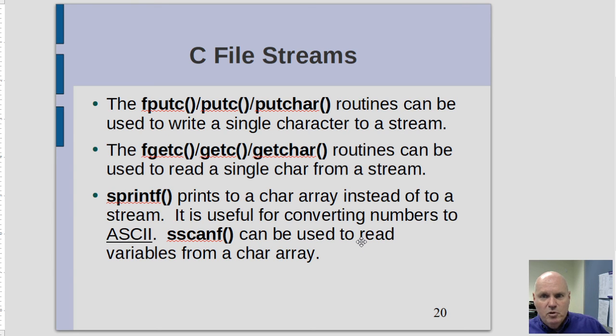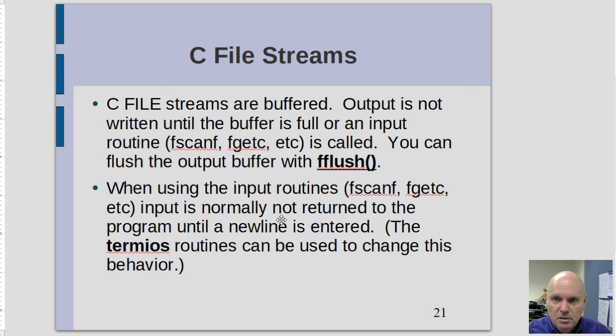You also have putc, putchar, fgetc for working with single characters. sprintf is useful for printing to a char array instead of an output stream, and similarly sscanf can be used to read from a char array. So sscanf is a handy way to convert ASCII decimal strings to their binary representation.